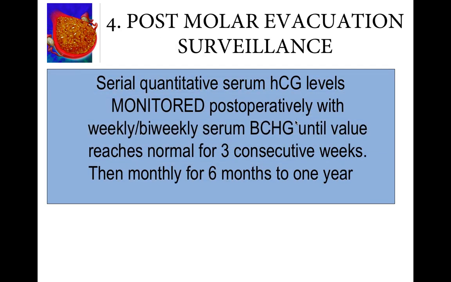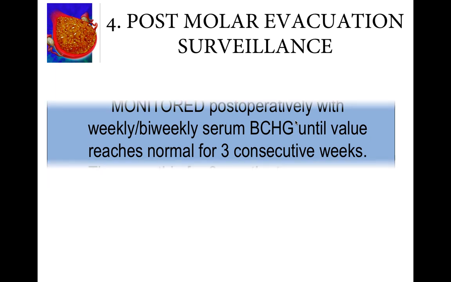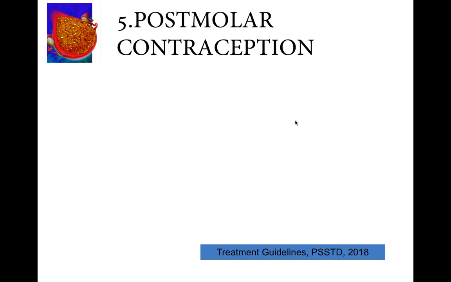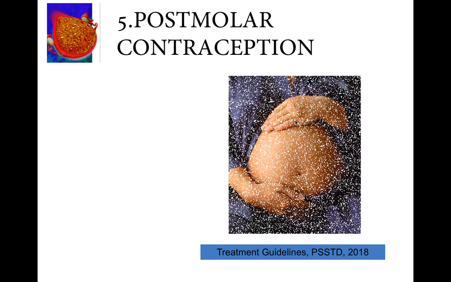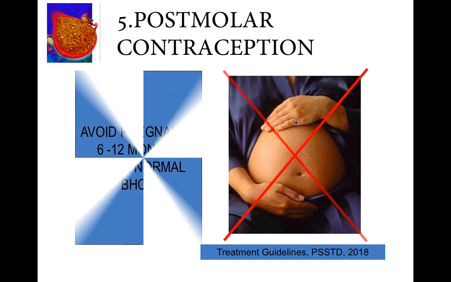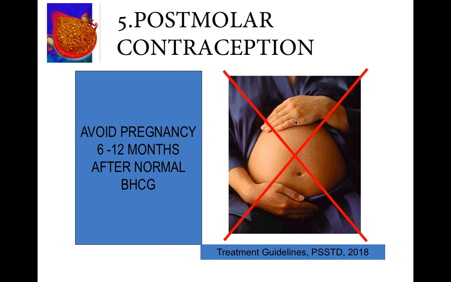So a baseline serum beta HCG is determined prior to molar evacuation. Whether a complete or a partial mole, all patients should be diligently monitored post-operatively with weekly or bi-weekly serum beta HCG level until the value reaches normal for 3 consecutive weeks.